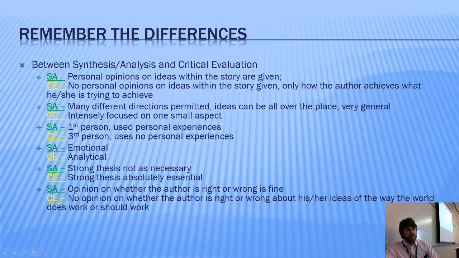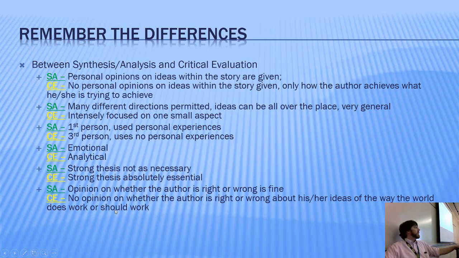And the last difference, or there's probably more, but this is the one I mainly could think about. In sentence analysis, opinion on whether the author is right or wrong is fine. If you say, oh, well, their ideas on women's rights in the Yellow Wallpaper sure are crazy, that has no bearing on this one. You have no opinion on whether the author is right or wrong about his or her ideas of the way the world does or should work.